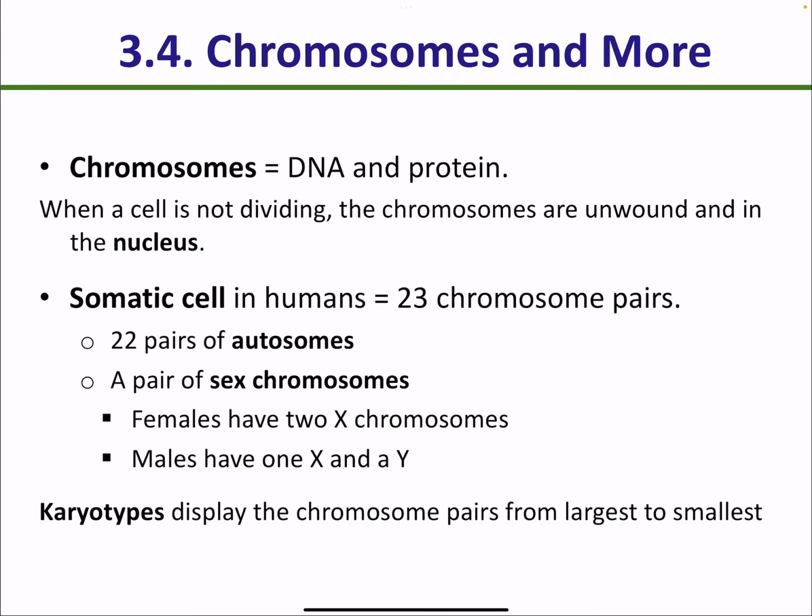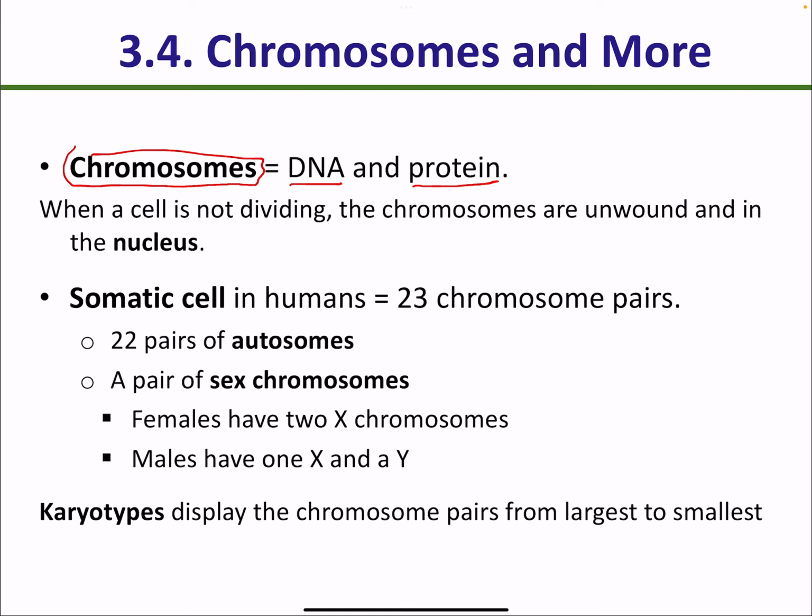Now, at this point, we are going to take a look at the chromosome and much more. When we look at our cells and we isolate the chromosomes from the DNA, we notice that the DNA is combined with proteins. The combination of DNA and protein causes chromosomes to exist, which is a compacted form of DNA.